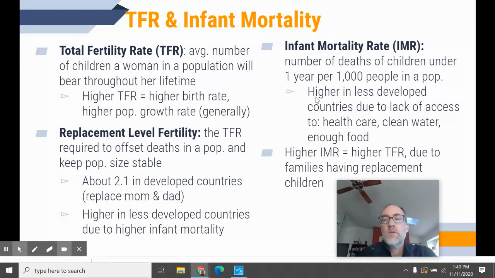And oftentimes it related to not having access to clean water. A higher infant mortality rate usually means a higher TFR, and that was true in Paraguay, where women would often have many children to kind of replace those children they might have lost earlier.